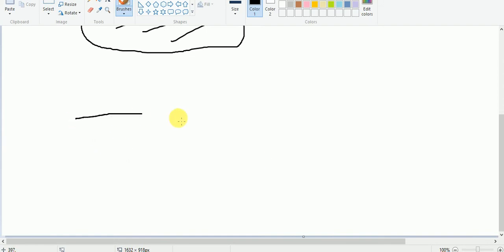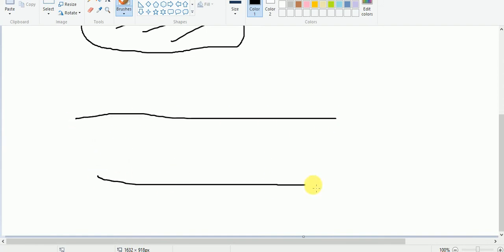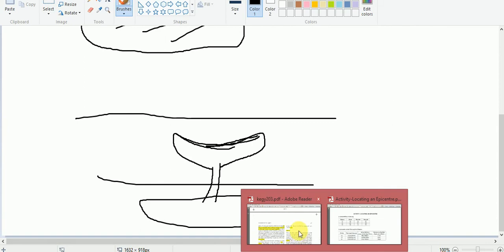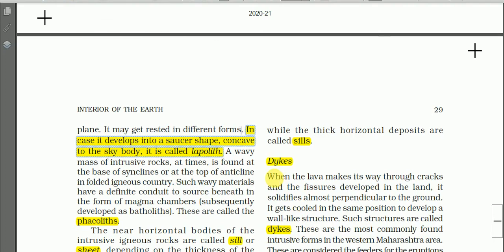See here, this is the crustal portion, here lies the magma chamber, and here we have the conduit. If the intrusive form is like this, concave to the sky, I think all of you have learned about lenses in class 10. So concave to the sky, this is known as what? This is known as a Lapolith.